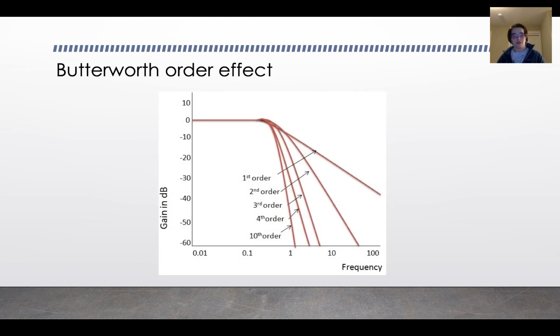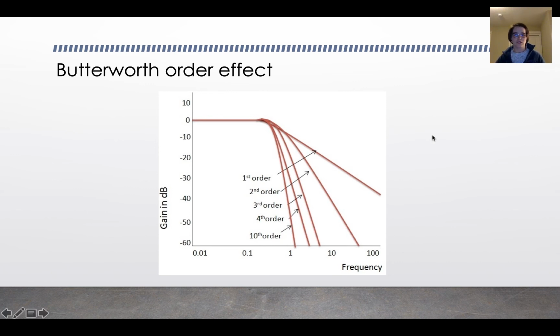Similarly, or in addition, a filter has an order number, so that's the number of components. If you're talking about an analog filter, that's literally the number of capacitors and inductors that you're using to build the filter. In a digital filter, it's the number of components being mimicked in the digital math that we're using to apply the filter. We're using digital filtering in this class.